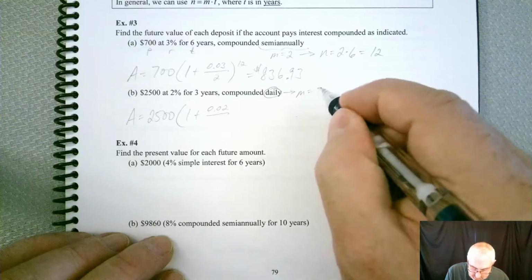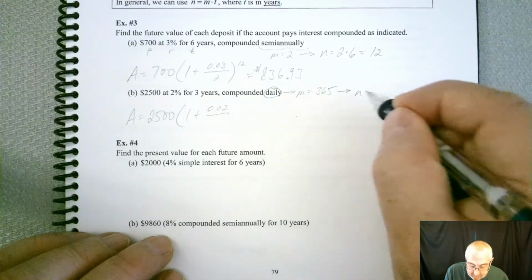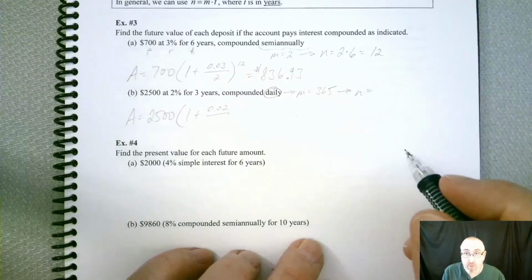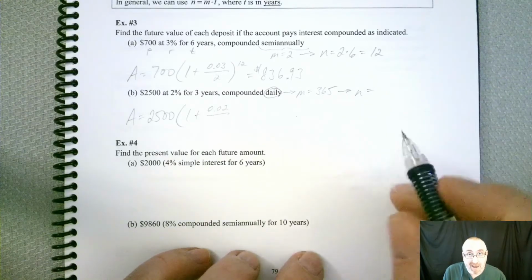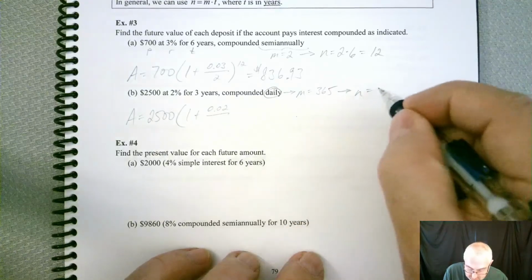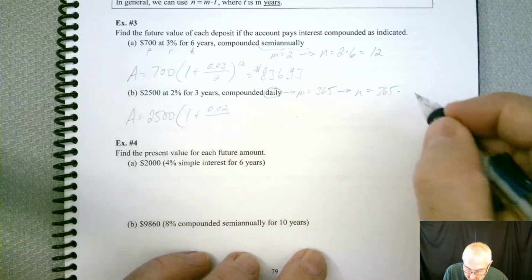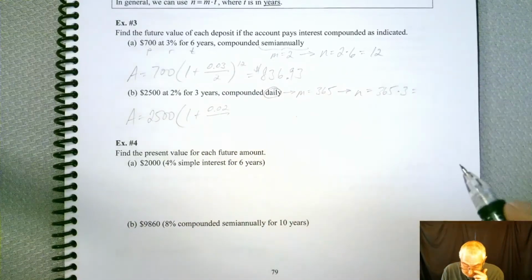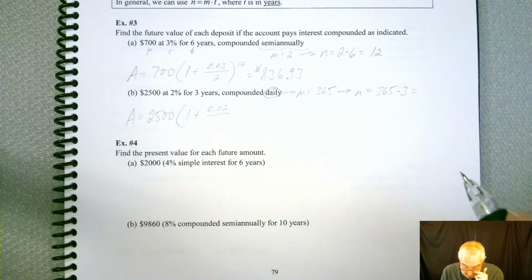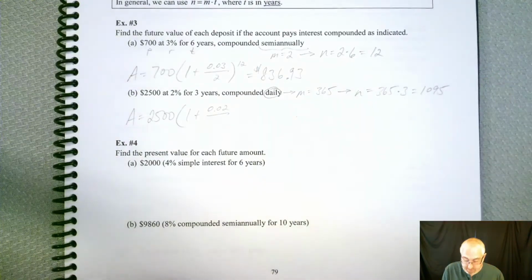Yeah, 365. So 365, which means that N should be equal to what? M times T. So M is 365 times T, which is 3. So what does that equal to? Well, it looks like 1095, I believe.